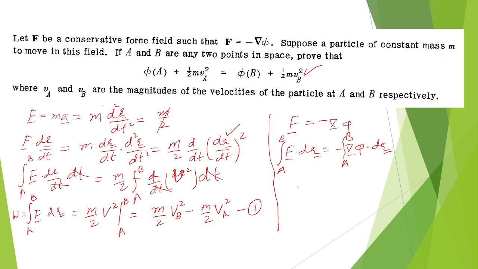So this is the work done. This is the same work done. And here we have the exact differential. This is d phi. So that means minus phi from A to B.